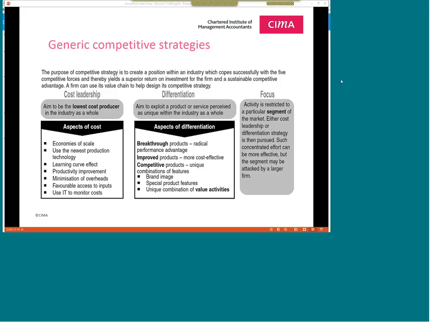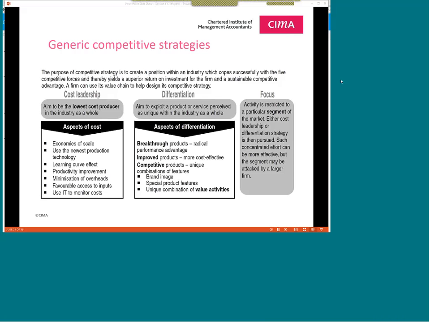And at the same time, you can be the most cost-efficient competitor. So you can still have the lowest cost on the market, but at the same time be focusing on a particular group of customers, for example. Or you can still be the lowest cost producer and focus on a specific geographic market. Let's say you can focus only on New South Wales, if you talk about Australia, for example.